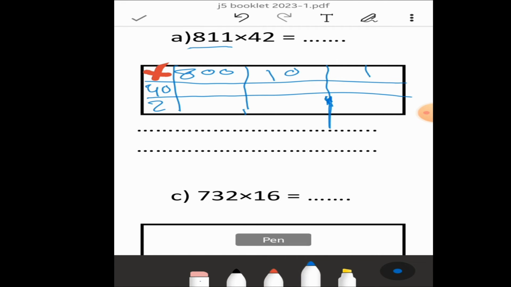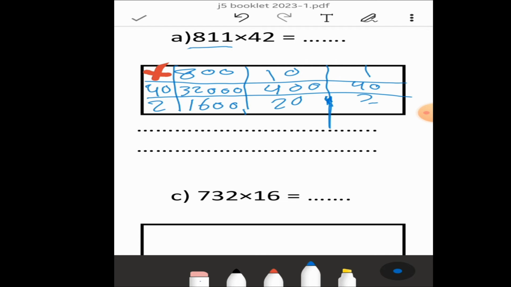So 800 times 40, we have here 3 zeros, so collect zeros. And 8 times 4 equals 32. And then 10 times 40, collect 2 zeros, and 1 times 4 equals 4. And then 1 times 40 equals 40. And 800 times 2, collect 2 zeros, and 8 times 2 equals 16. 10 times 2, we know that it will equal 20, and 1 times 2 equals 2.